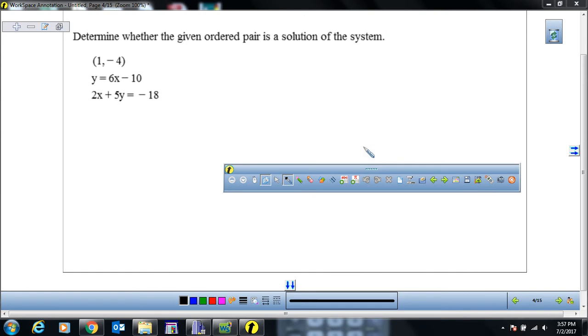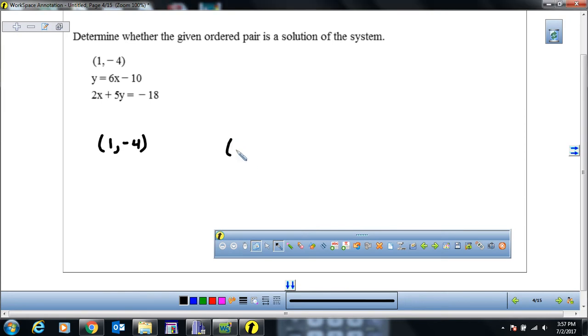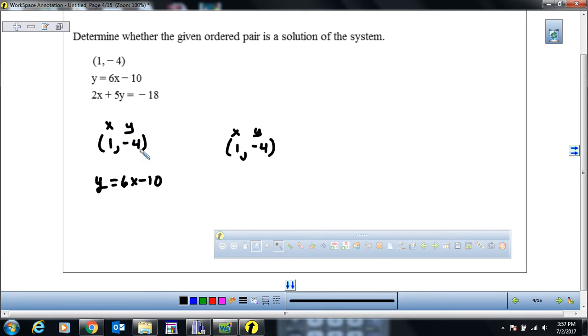To find out if a given ordered pair is a solution, all we have to do is substitute that ordered pair into both equations to determine if it is true on both. This is my x and my y. So we go to the first equation, y equals 6x minus 10, and substitute the y with the -4 right here, and the x with the 1, and see if this is true.